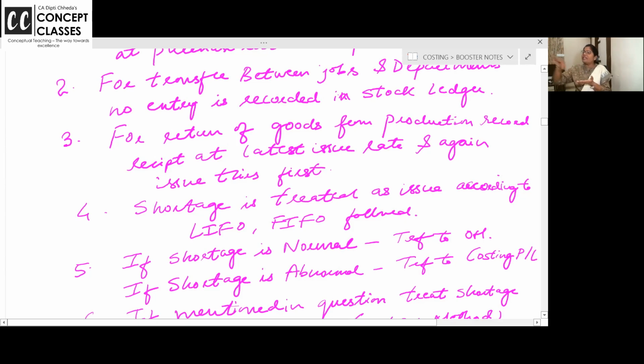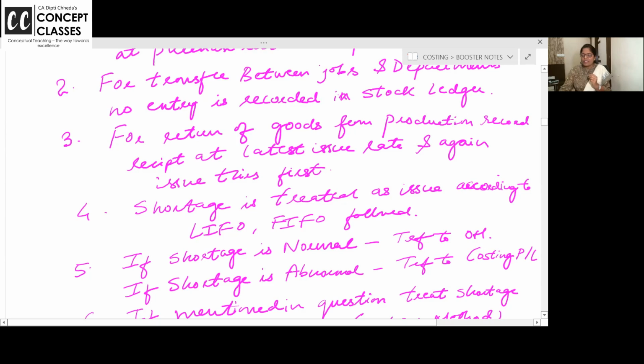I have issued 50 units for production, 45 were used, 5 came back. Take it as receipt at the latest issue rate, and tomorrow, whenever they need 40 units more, these 5 units will go first. This is my observation from more than 50 problems solved from various books for CA foundation and all. And add more points to this.